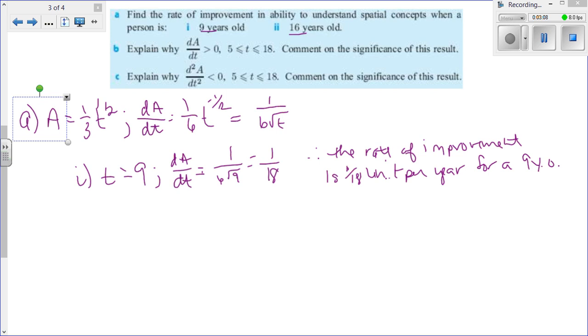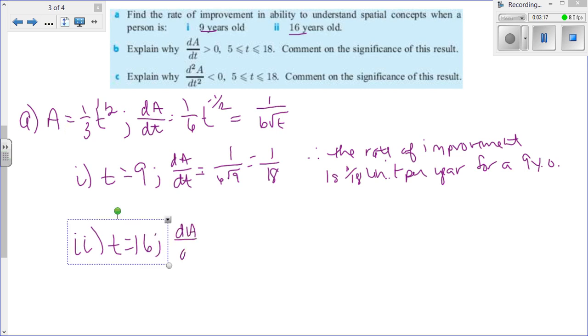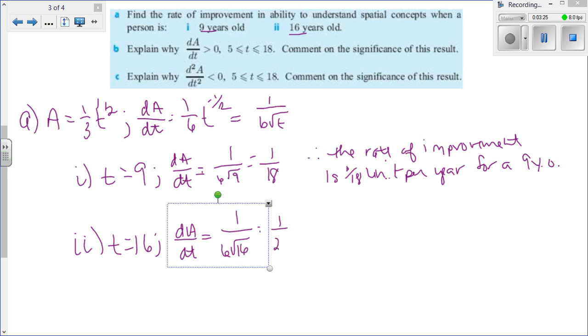Okay, and if t is equal to 16, dA/dt is 1/6 times the square root of 16, which is 4, so it's 1/24.